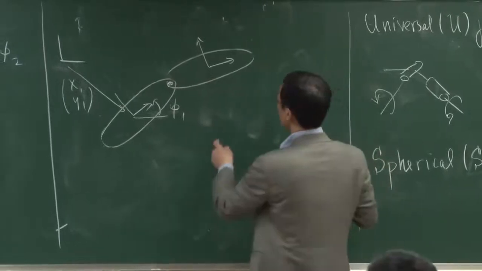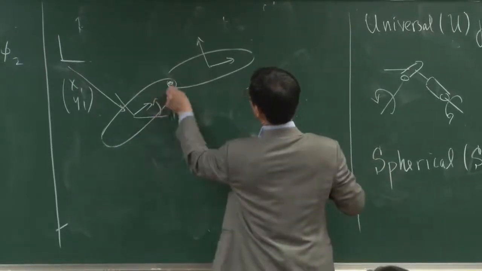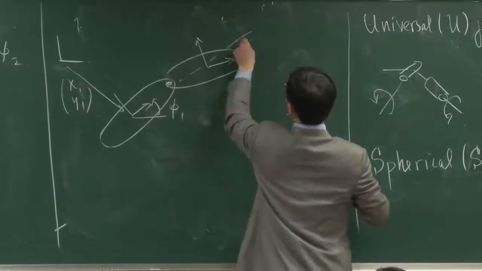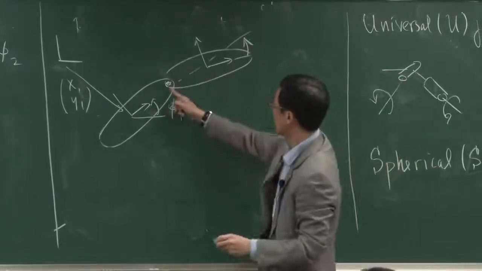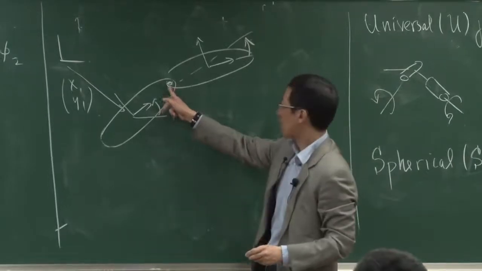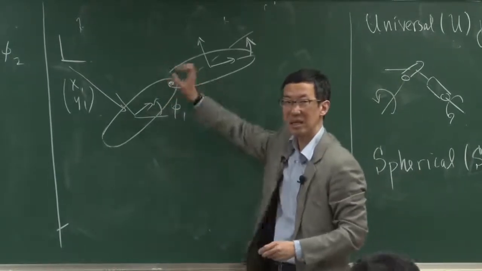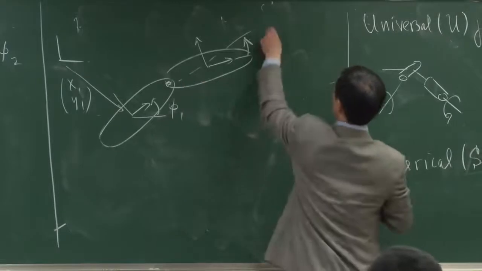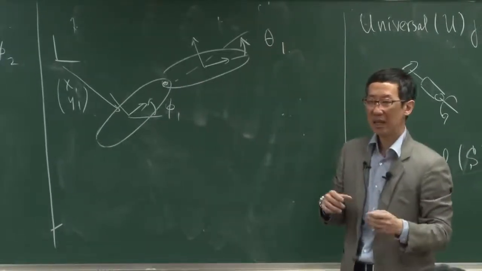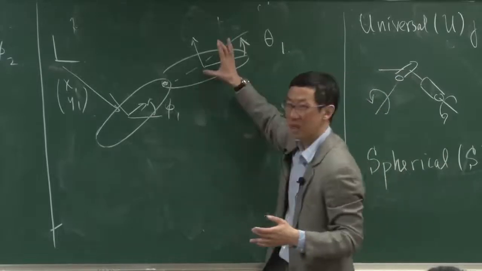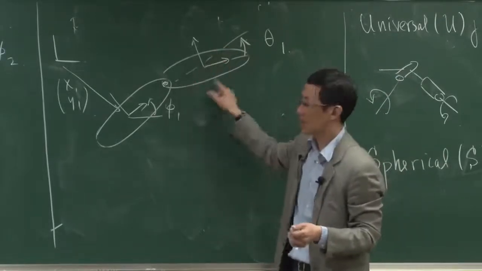Rather, if we just know this angle, that's actually the angle at which this joint has been rotated. Call this theta 1. Then we know the position and orientation of this second link.